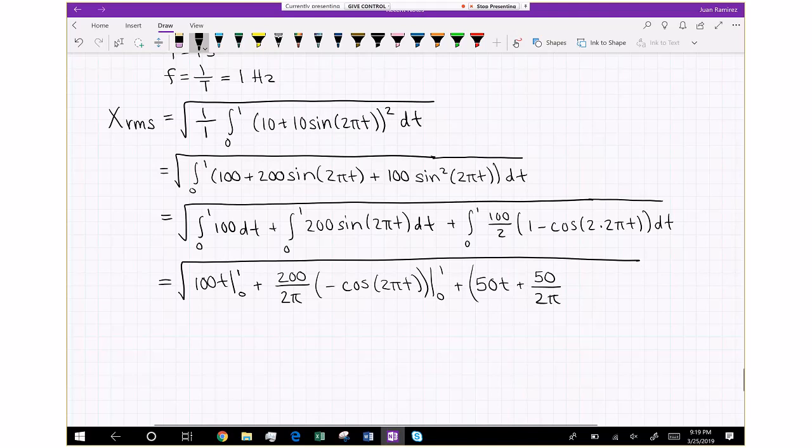And the integral of negative 50 cosine of 4 pi t is going to be 50 over 4 pi times, I guess technically it'd be times negative sine. There's going to be minus sine of 4 pi t.